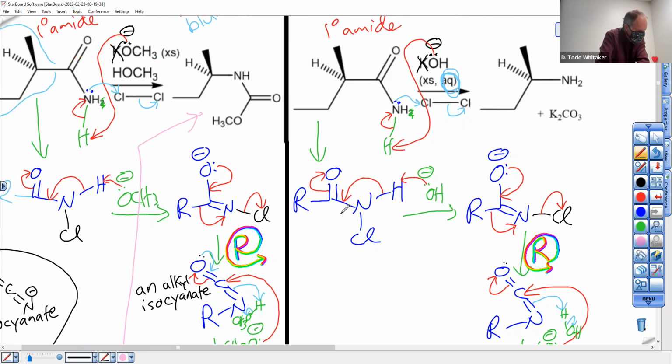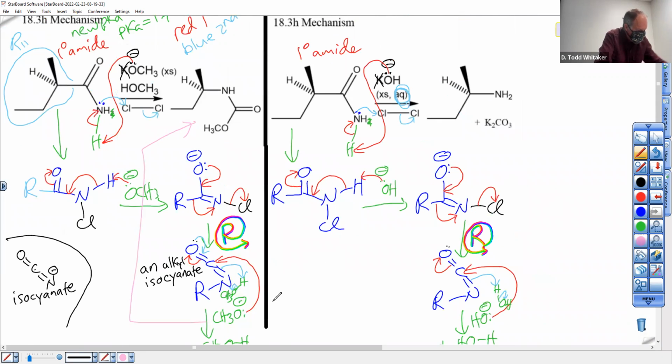Are you not feeling it? I'm not myself. Here we go. This thing will become this thing because OCH3 attacks the carbonyl and pi breaks and remakes. So OCH3 attacks the carbonyl and it's back. The N picks up a proton and is now NH. The R group never changed all day. You are done. This thing becomes this thing.